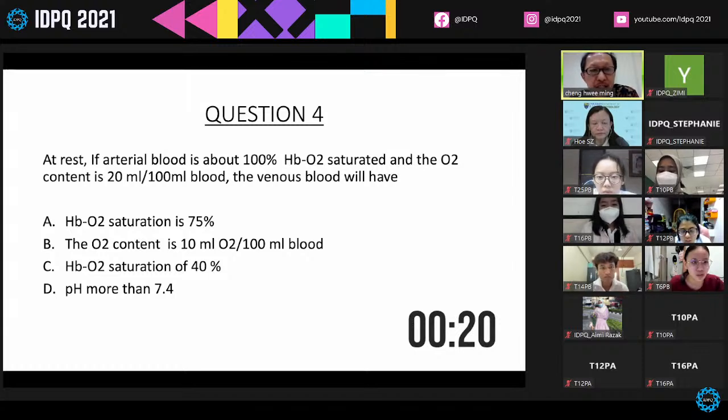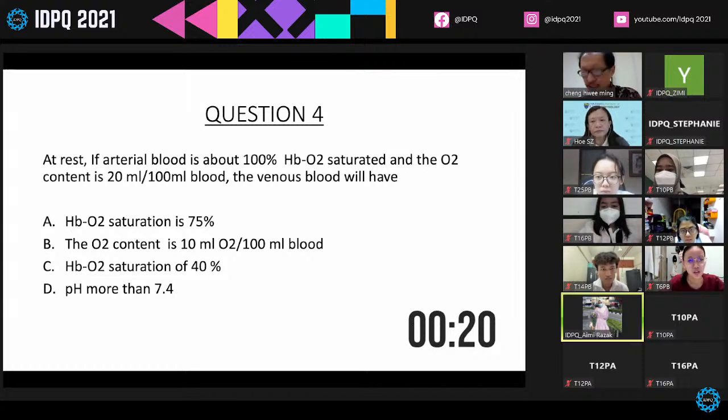At rest, if the arterial blood hemoglobin oxygen saturation is about 100% and the oxygen content is 20 ml %, then the venous blood will have 75% hemoglobin oxygen saturation, oxygen content 10 ml oxygen %, hemoglobin oxygen saturation of 40%, or a blood pH of more than 7.4. Your time starts now.